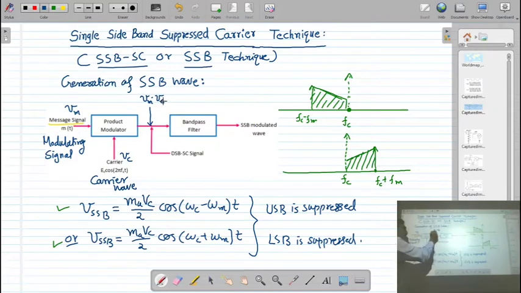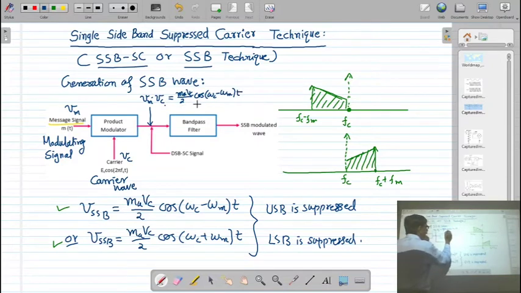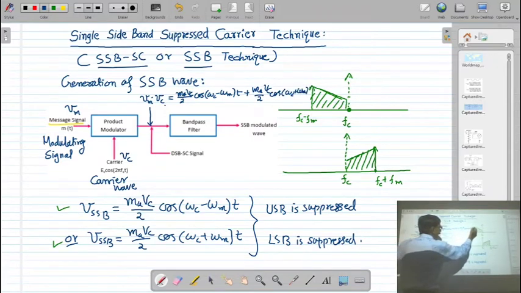But actually if you write a mathematical analysis of this, then you will find MAVC by 2 cos (omega c minus omega m) into t, and plus MAVC by 2 cos (omega c plus omega m) into t will be present.